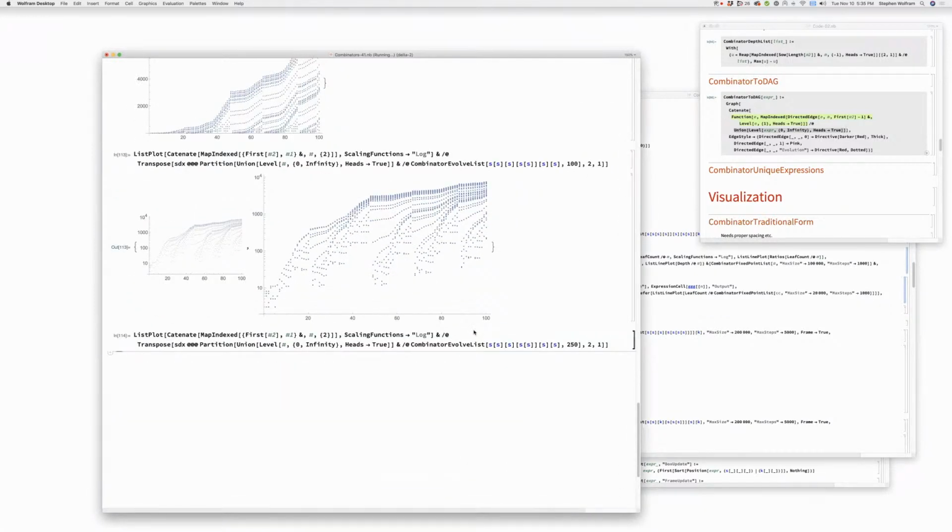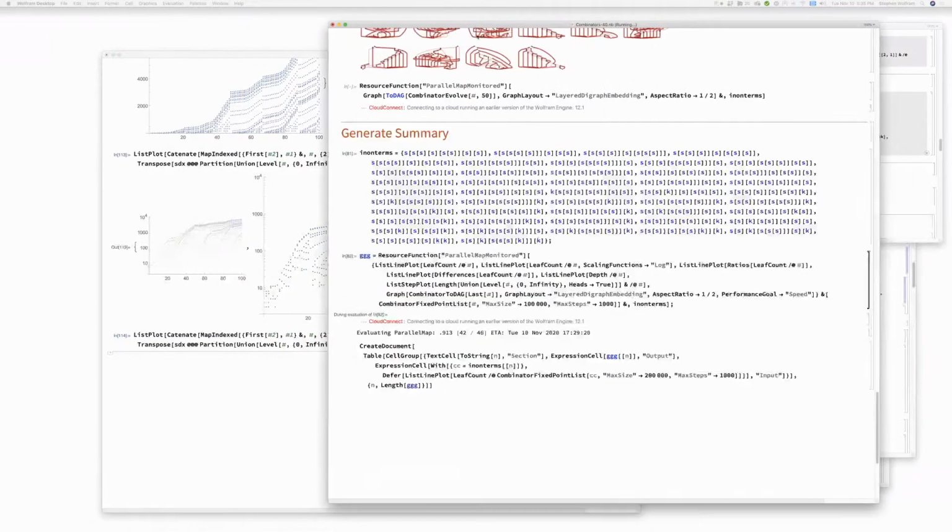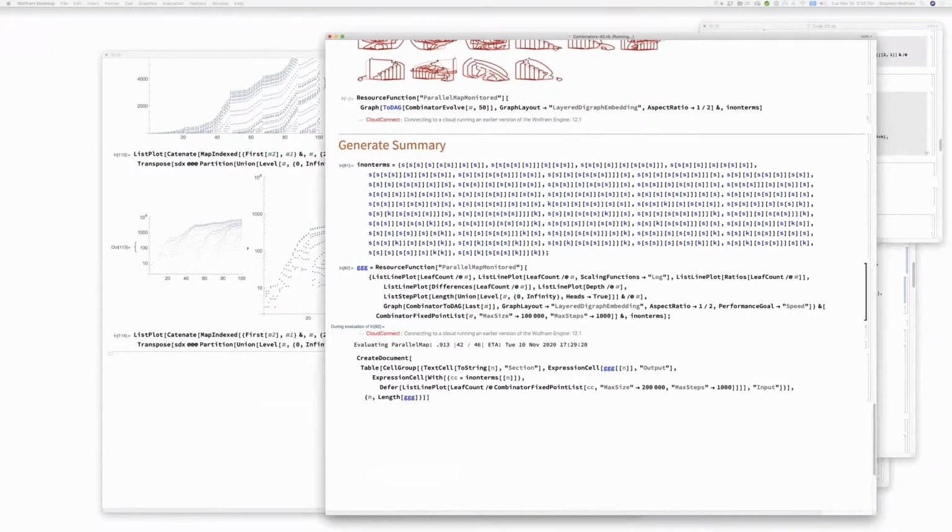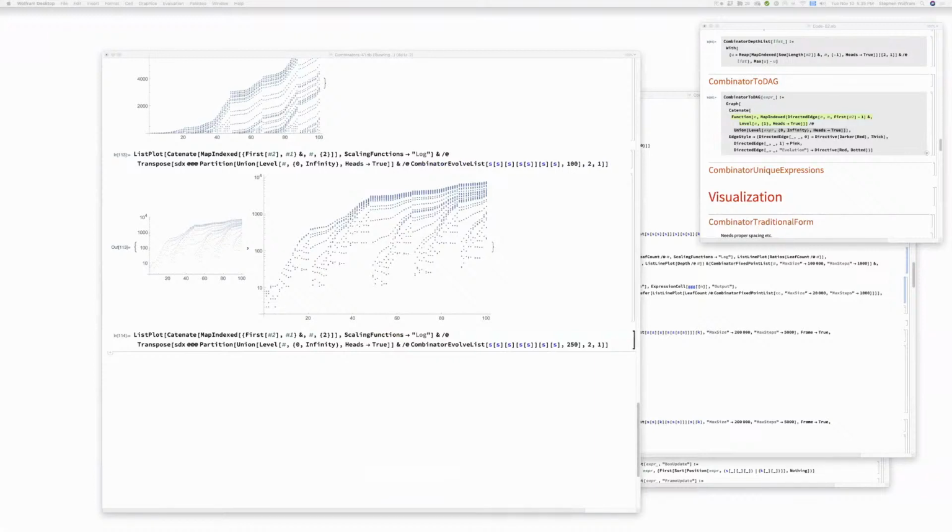The problem is this is only a particular updating order, and there are other updating orders where this behaves differently. Oh, this is driving me crazy. This is at 42 out of 46 over here. It should be bounded because it's only got to a max size of 100,000.